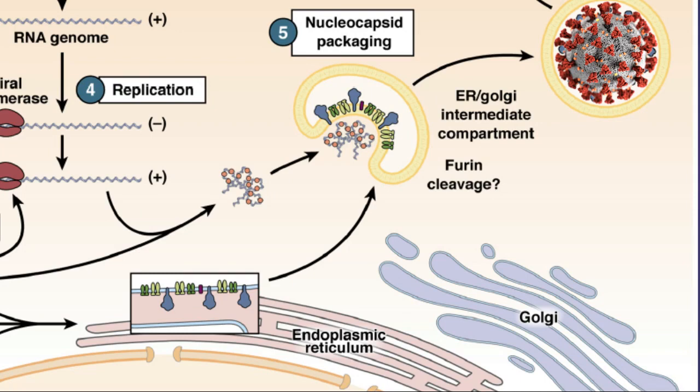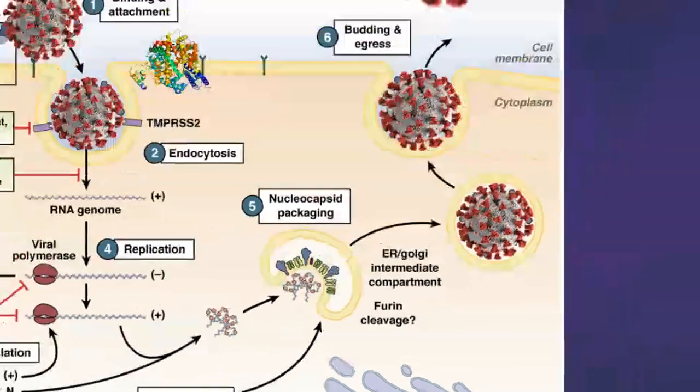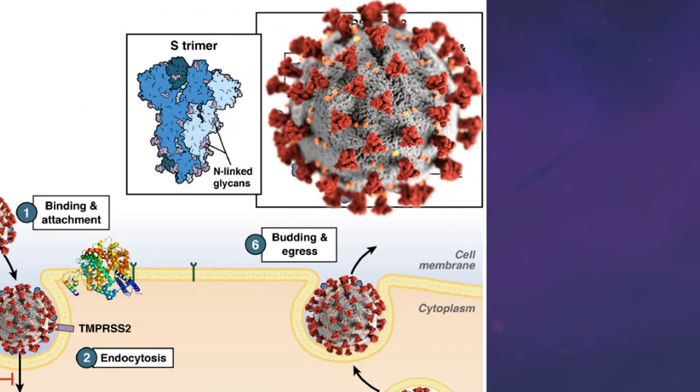Those intermediate compartments lead to cleavage and making the capsid, and then the virus is released by exocytosis to infect other cells.